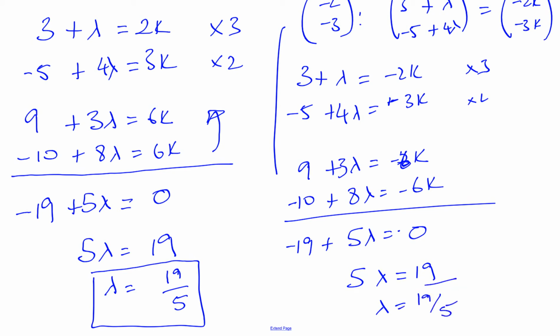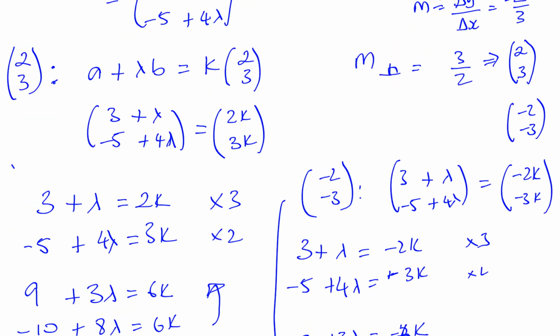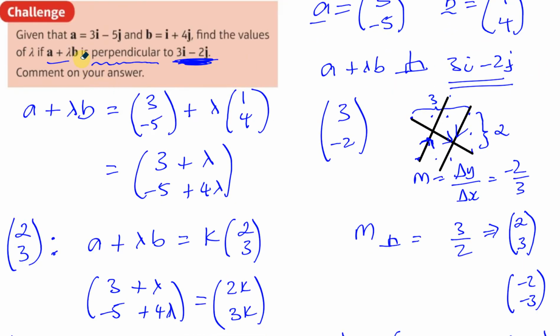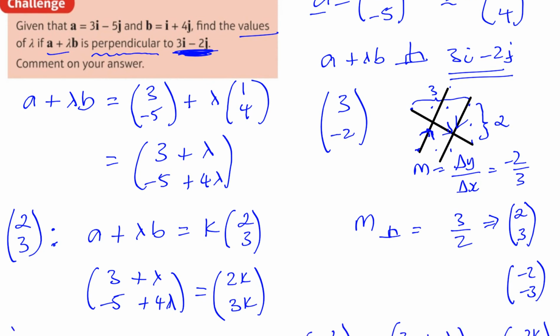So the question does state, given that a equals this and b equals that, find the values of lambda. If a plus lambda b is perpendicular to that, comment on your answer.